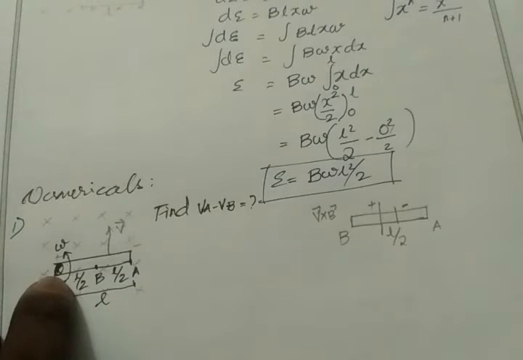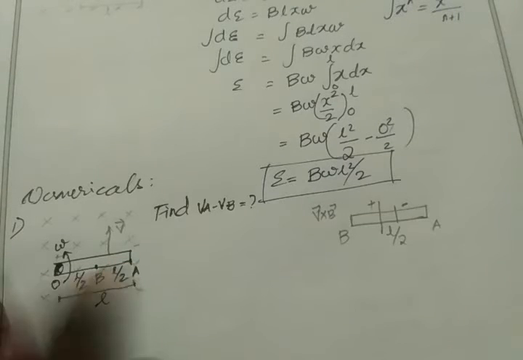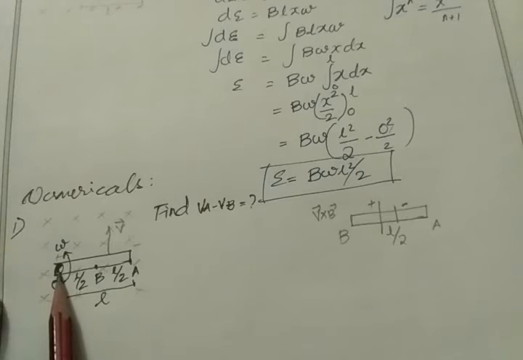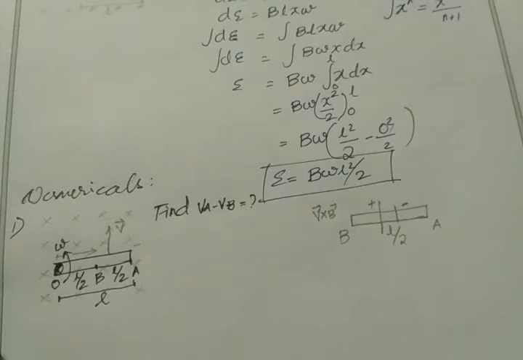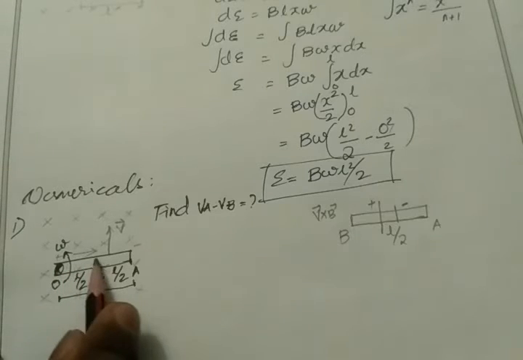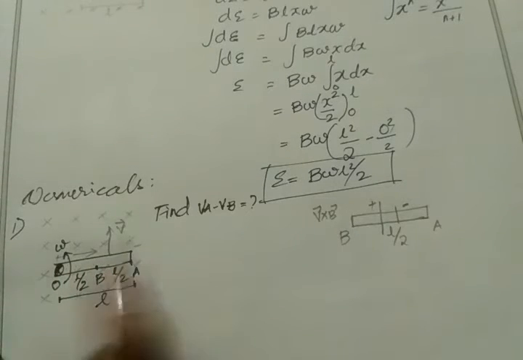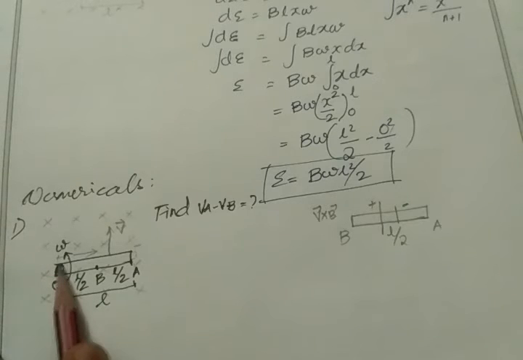So if I move to the right side, my potential value will decrease. So here I have 10 volts, 9, 8, 7, 6, 5, 4, 3, 2, and at this position I have 0.